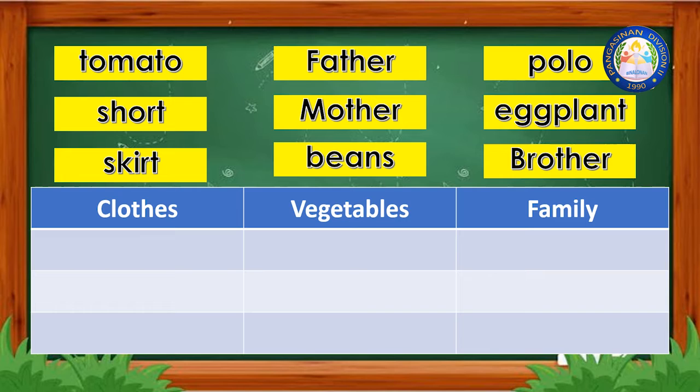Tomato, short, skirt, father, mother, beans, polo, eggplant, and brother. Very good. Now, you are just given 5 minutes to do the activity. Good luck and God bless.